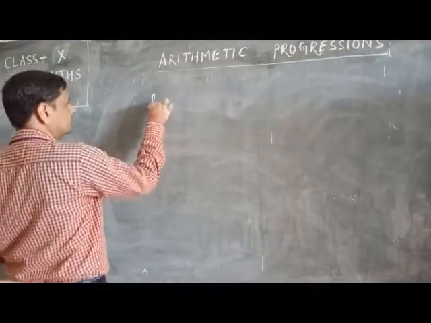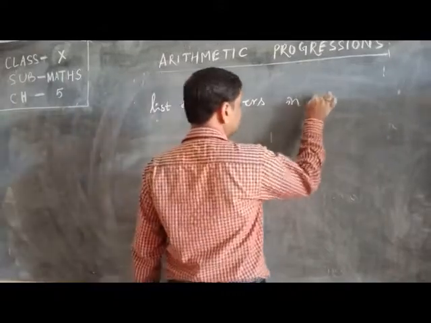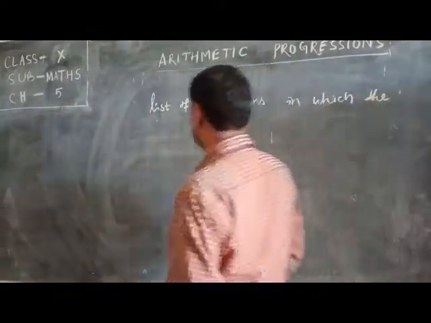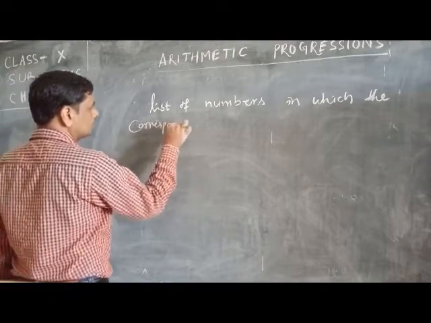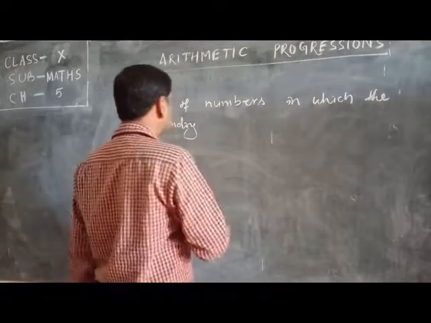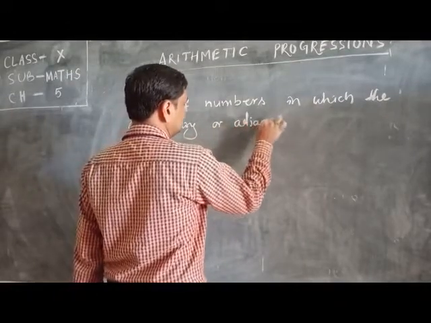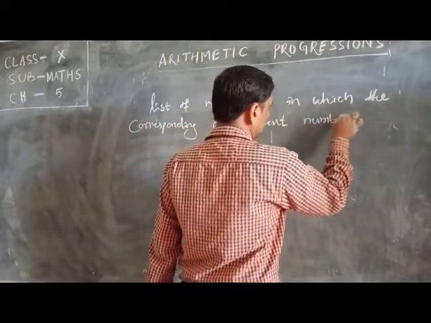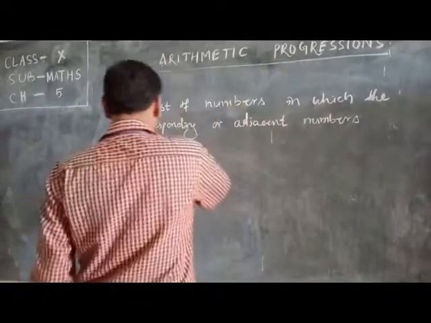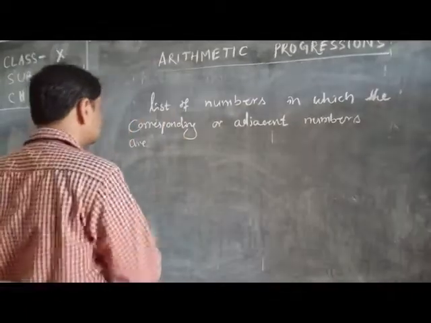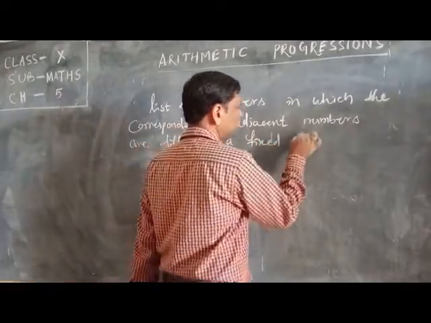It is a list of numbers in which the corresponding or adjacent numbers differ by a fixed number.